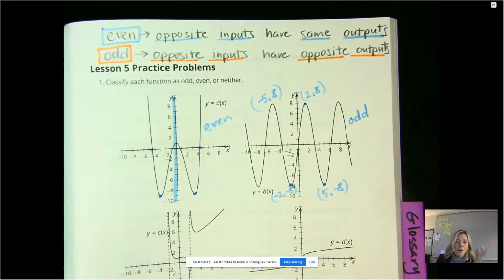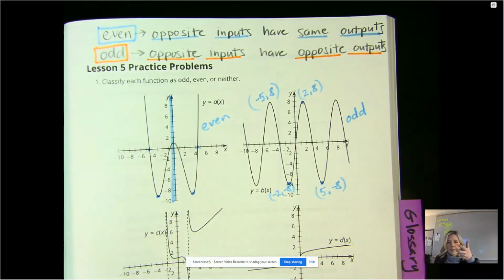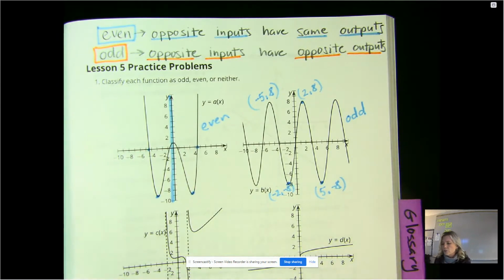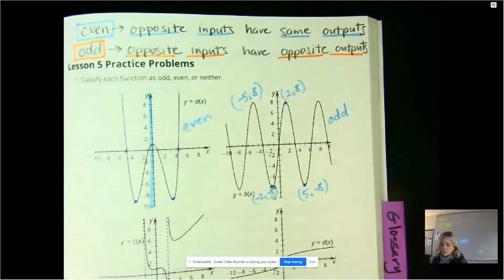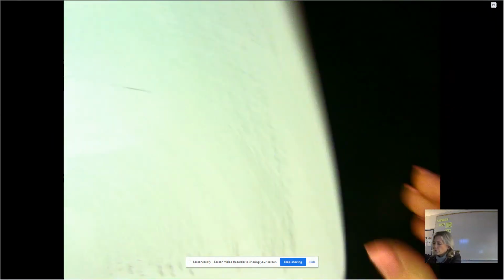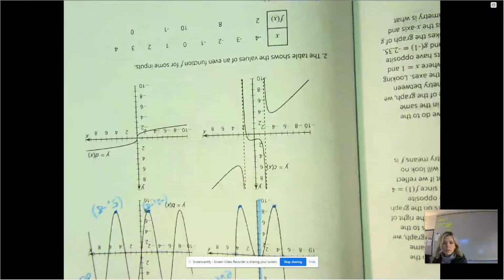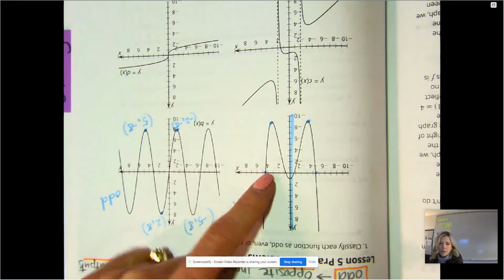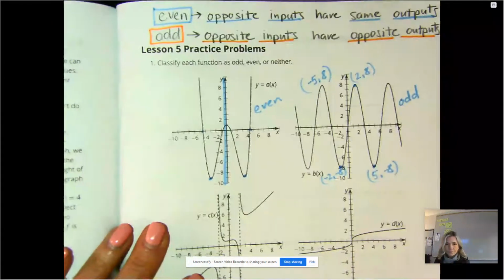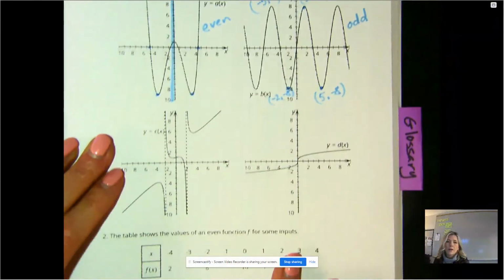Another thing about odd functions is that they have 180-degree rotational symmetry. If I turn the book around 180 degrees, which is like a half circle, then you can see it looks like the same function, whereas this one is upside down from what it was. So we have even and then odd.